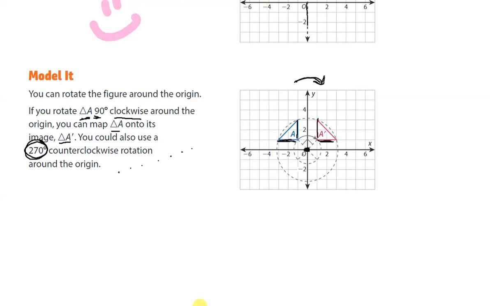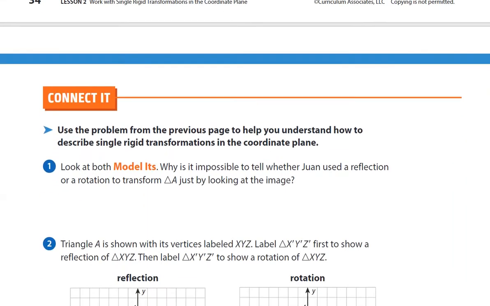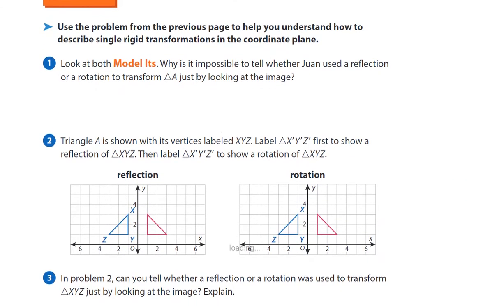So that goes from here to here, there to there, and there to there. That's 270. Here's 90, 180, 270. Or you could just go 90 clockwise. I'll put the degrees because that's proper. And we got to be proper. Okay, so there's three different ways to describe that one.